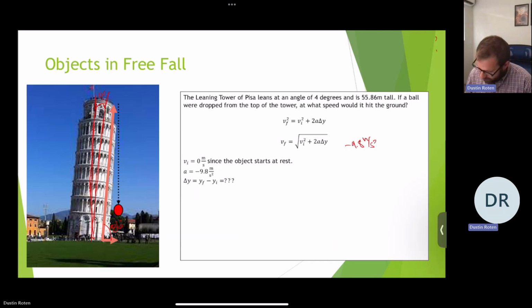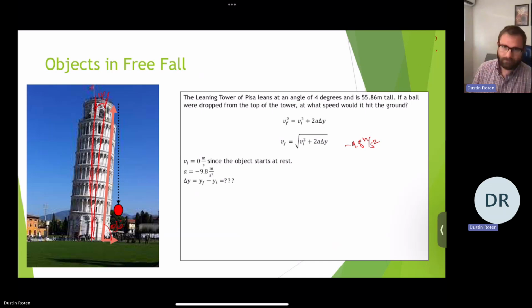Now, this number here, negative 9.8 meters per second squared, is called free fall or acceleration due to gravity. And this is almost always the same. There's a little bit of variation as you move around the planet, but it's always the same when you drop an object and it's not really influenced by air resistance.